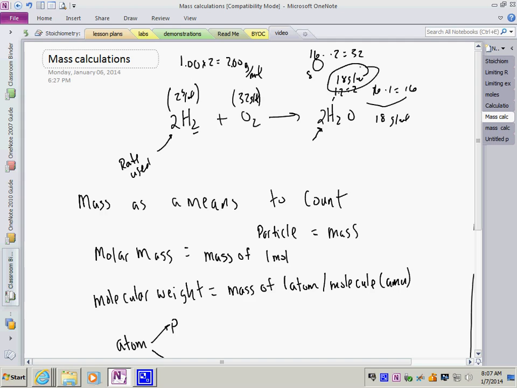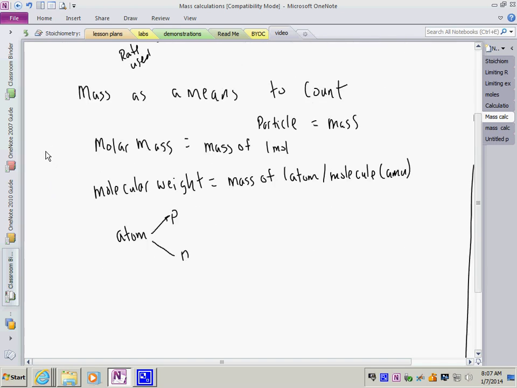Now, this is an important number. It allows us to make a relationship between the number of particles and the mass. So for hydrogen, it is 2 grams per mole. For oxygen, it is going to be 32 grams per mole.